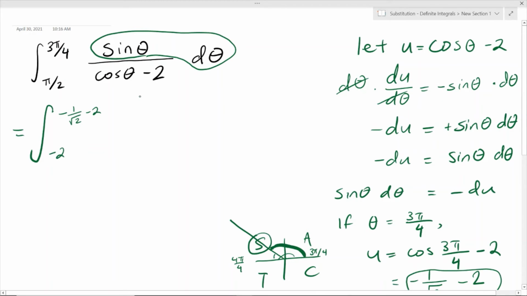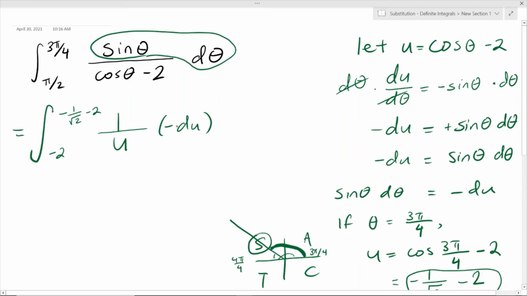These are the u values, and now we have to change the rest to u as well. So here this is going to become u, and it's in the denominator, so we write 1 over u, and then sine theta d theta we got to be equal to negative du, so I'm going to sub in negative du just like that.